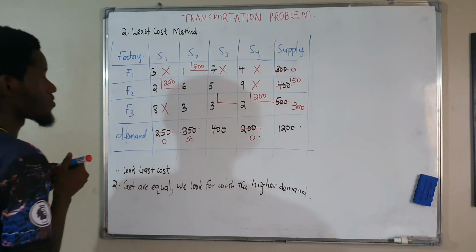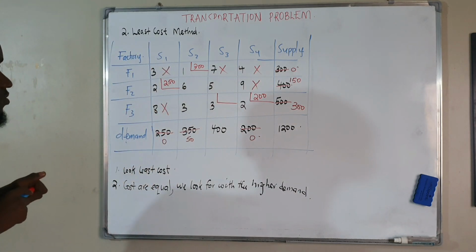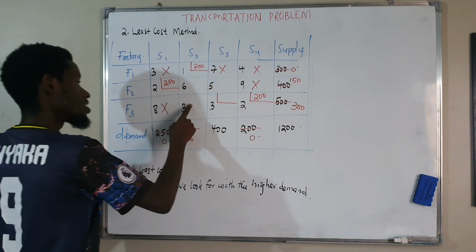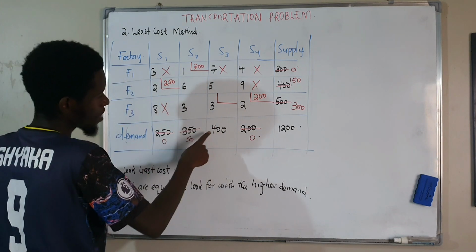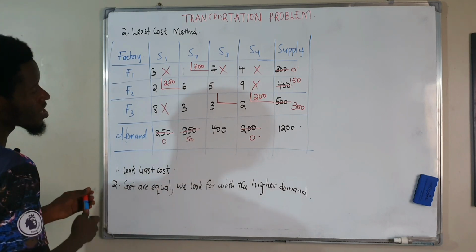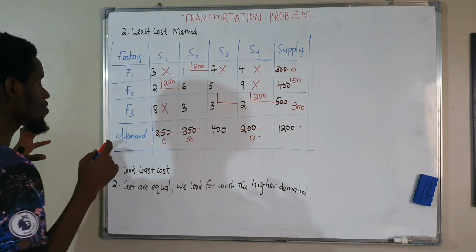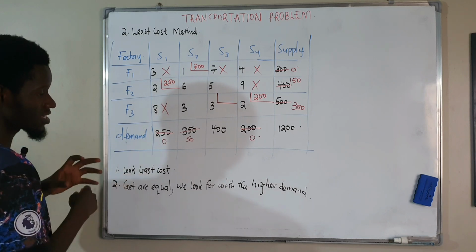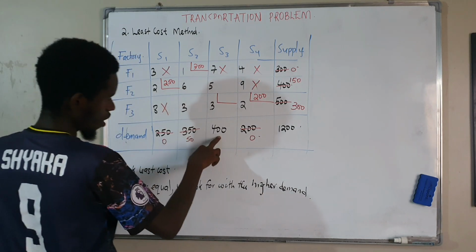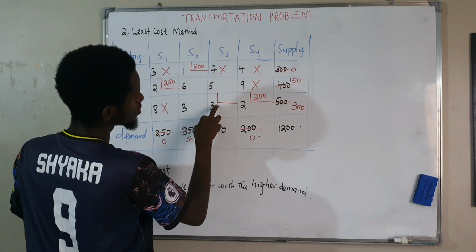These 3 and 3 have the demands of 400 and 500. As we said from our note, we shall always go with the cost which has the highest demand. Now between 500 and 400, which is bigger? 400 is bigger, therefore I'll go with this 3 first.